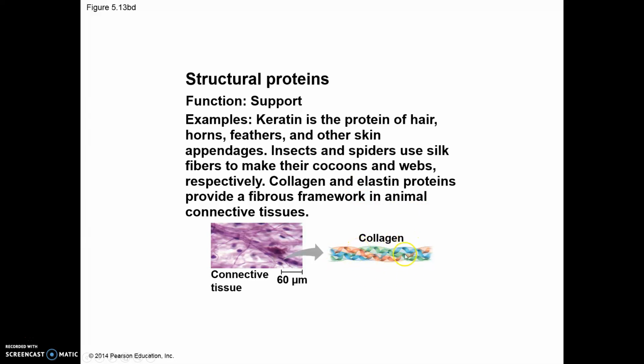This is what allows us to have a dead layer of skin on the outside of our body that doesn't fall apart. This is also what makes up hair, makes up horns, makes up feathers, nails, all kinds of things there. You can also see structural proteins in spider silk. So that is a protein. So you see this in connective tissue as well. So here we have proteins acting in a structural manner.